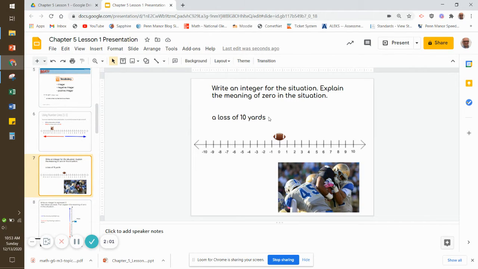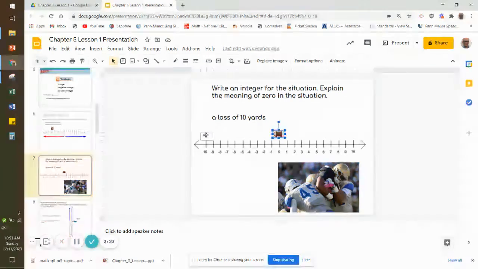Now, if you're not aware of what football in America is like, you hand the ball to someone, they try to go forward, but sometimes they don't, and sometimes they go backwards, which isn't a very good thing. So if here's my football, and the Notre Dame team lost 10 yards, they would go backwards 10 yards back to here.